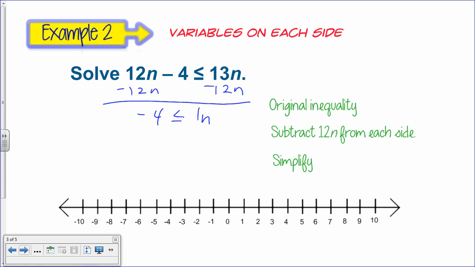Do I need to divide by anything? No. I can just drop it. Open or closed dot? Closed where? -4, good. Can I follow the direction rule here? No. Why? Yeah, the variable's on the wrong side, isn't it? Okay, so can I switch it though?